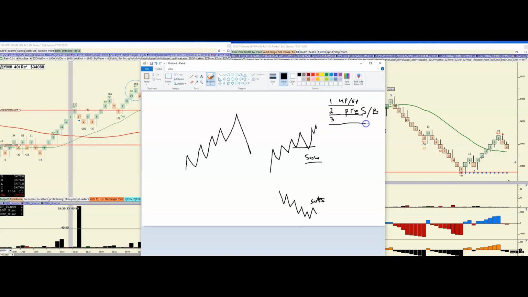And scenario, actually there's like 3 or 4. All right. The last one is the one I want to talk about. That is that this is distribution. Meaning this is part of distribution, getting ready to break the market. Meaning getting ready to go lower.